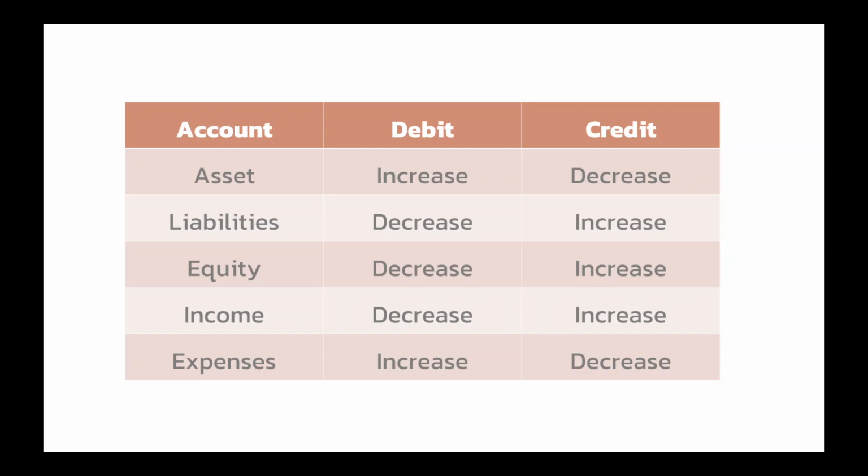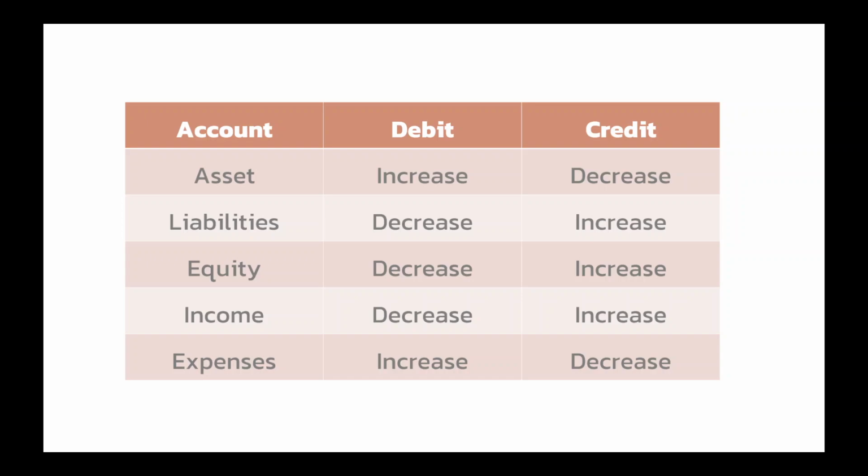But the things that are a little bit confusing are these three right here. For example, if my income increases, today I earn some money, I have to put it on the credit, so that's why I put my income as a negative number. This is the table I use all the time to remind myself: if today my income increases, I'm going to put it as a negative number.